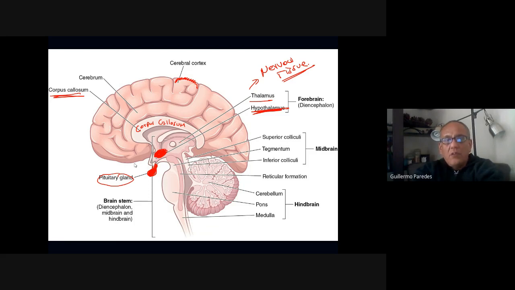The pituitary gland is so important for many functions of our body. So that is the relation between the central nervous system and the endocrine system. This relationship is called homeostasis.